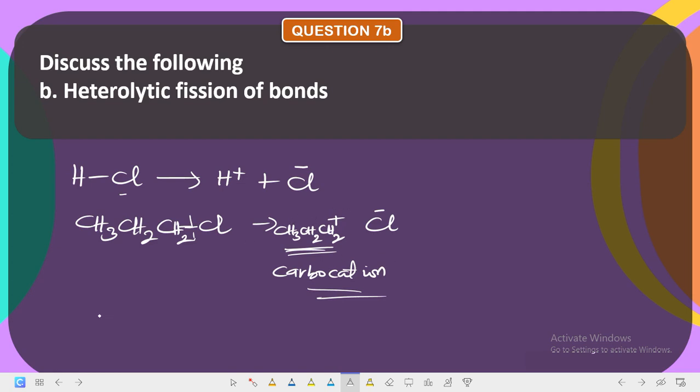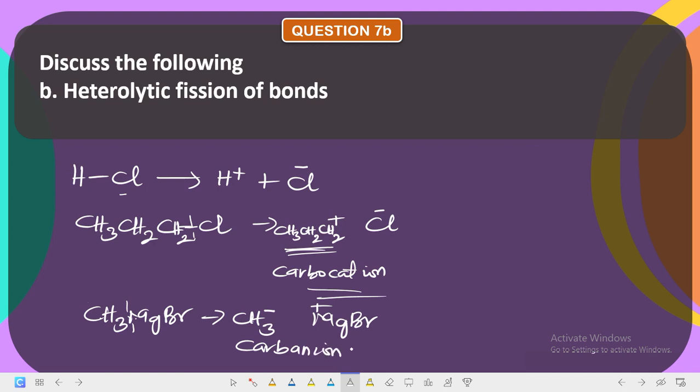Now there are some cases like the Grignard reagent, which is CH3MgBr. If this one splits, carbon is more electronegative than magnesium, so carbon will carry the negative charge and you now form something like CH3 minus and what? MgBr positive. This one is what? A carbanion.